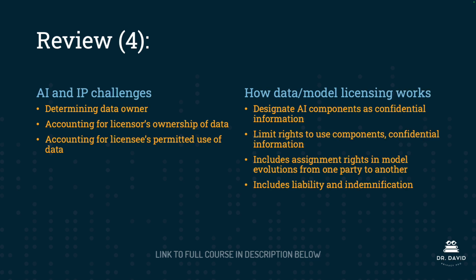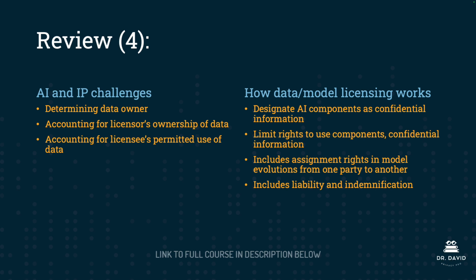Some current challenges that we discussed include determining data owner, accounting for licensor's ownership of data, and accounting for licensee's permitted use of data. Remember, with regards to how data and model licensing works, an organization will designate AI components as confidential information. They will then limit rights to use those components and confidential information.